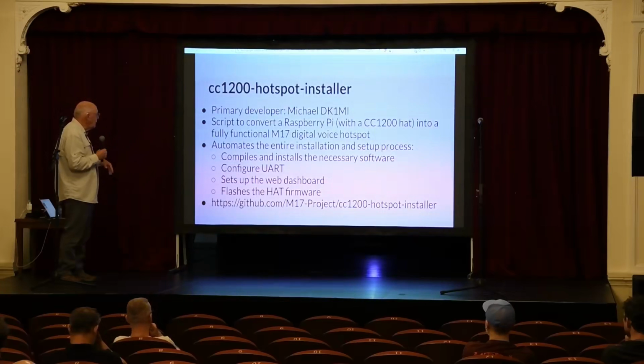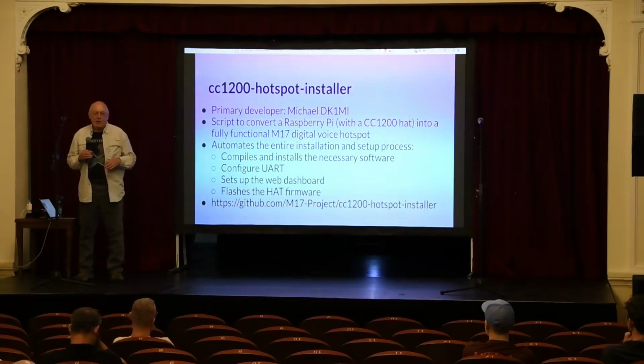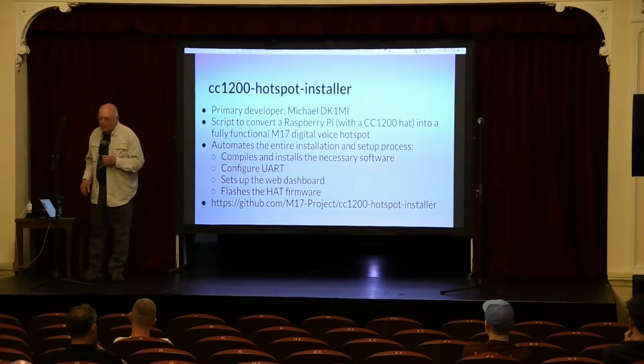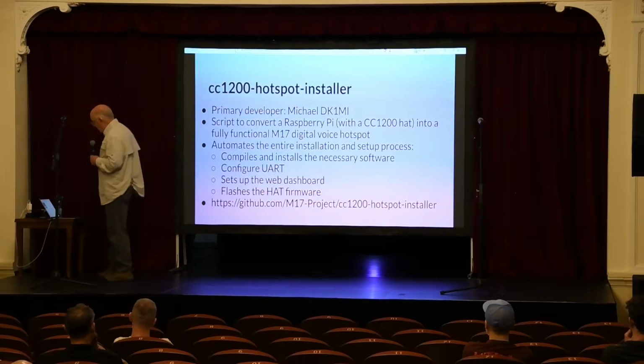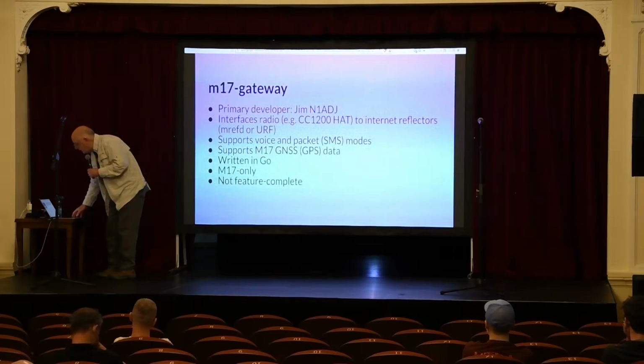It does all the configuration, sets up the dashboard, even flashes the firmware, and it also has update functionality, so whenever you want to get newer versions of the software, you can just run it and choose the update option, and it will update things. So much easier than doing it by hand.